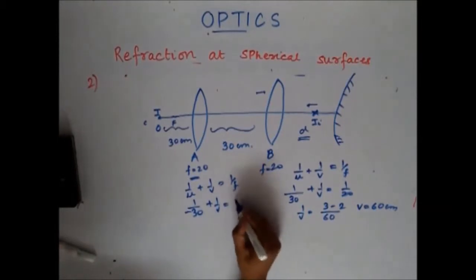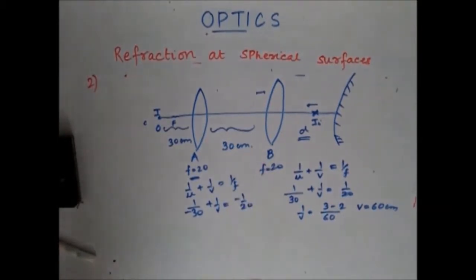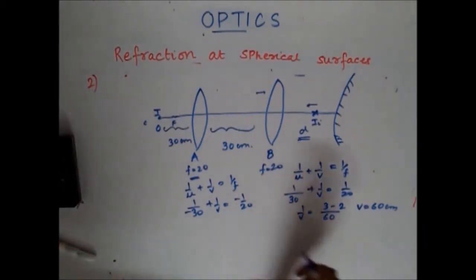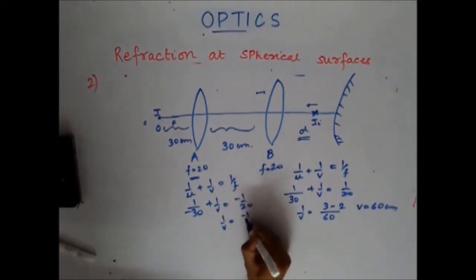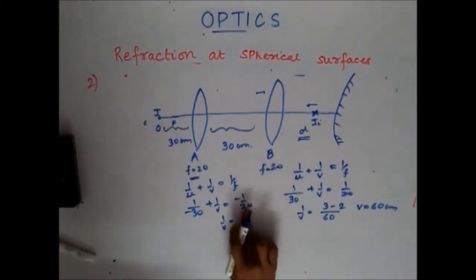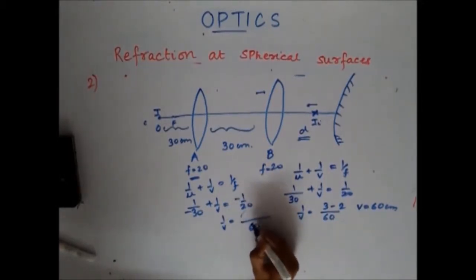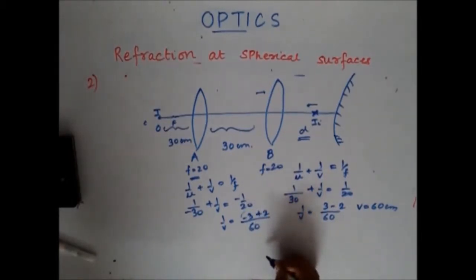Plus 1 by v is equal to minus 1 by 20. So what is my v?